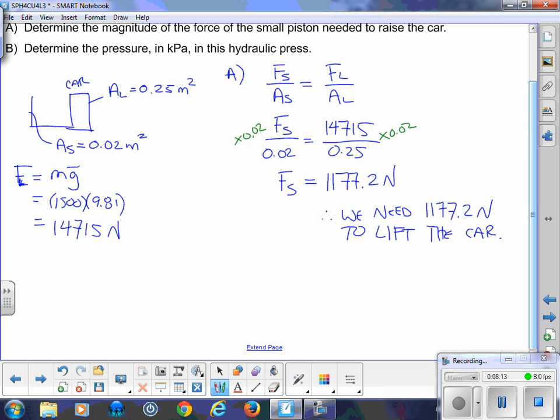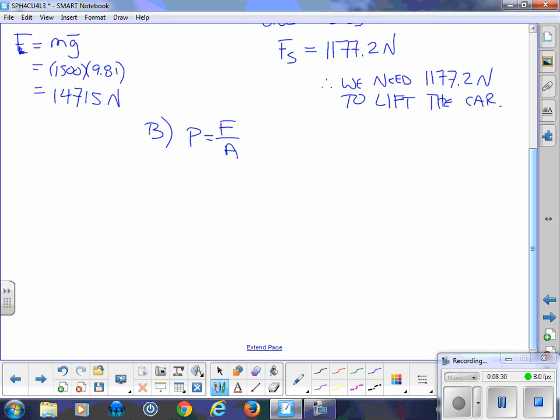And determine the pressure in kilopascals inside this hydraulic press. All right, so B part. Well, we know pressure is calculated with force divided by area. And what I'm going to do for this particular question, I'm going to do the two different forces. So if we do the small piston, 1,177.2 divided by the area, we get the amount of pressure on the fluid.